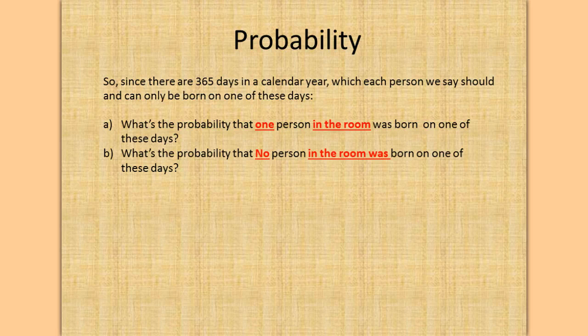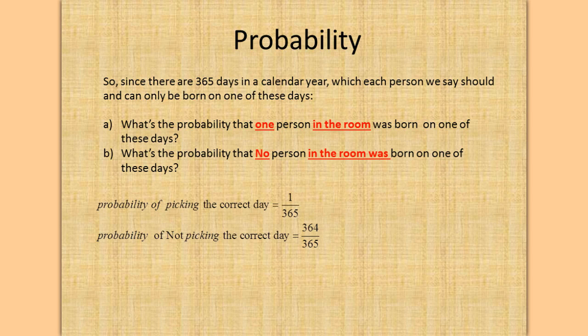What's the probability that no person in the room was born on one of those days? The probability of picking the correct day is 1 over 365, and the probability of not picking the correct day is 1 minus 1 over 365. That comes out to be 364 divided by 365.